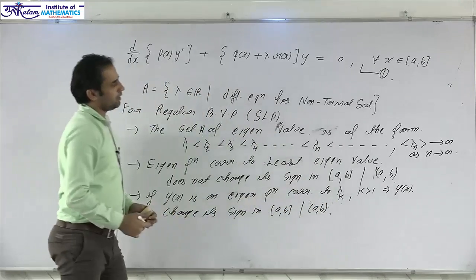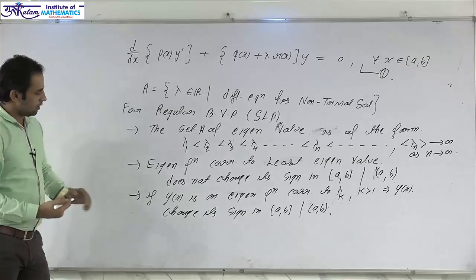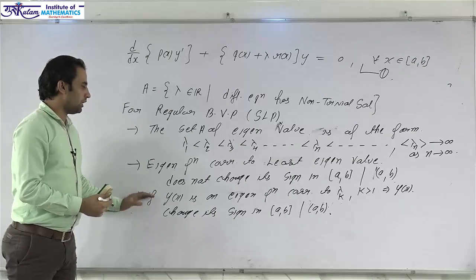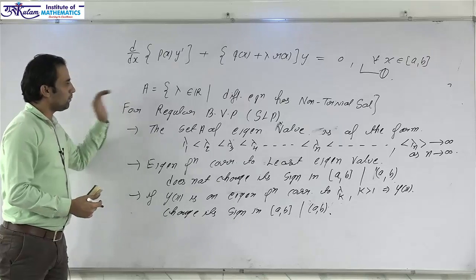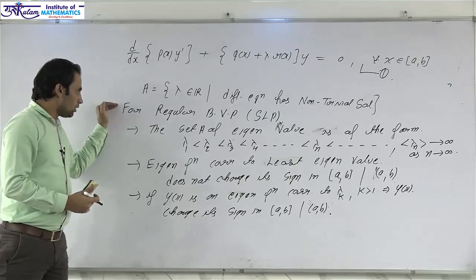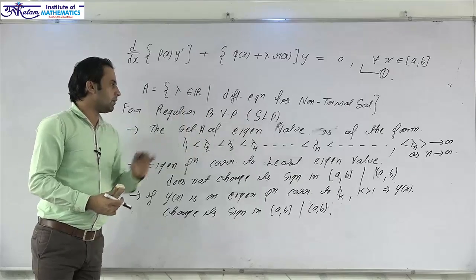So, this will be the next property for the eigenfunction, the sign of the eigenfunction. So, these are the main properties for a regular boundary value problem or Sturm-Liouville problem.